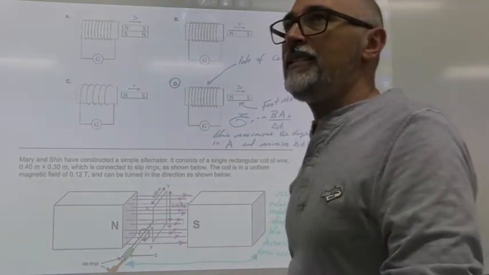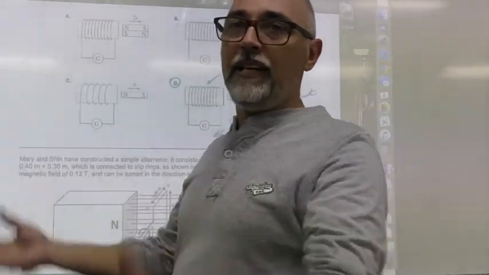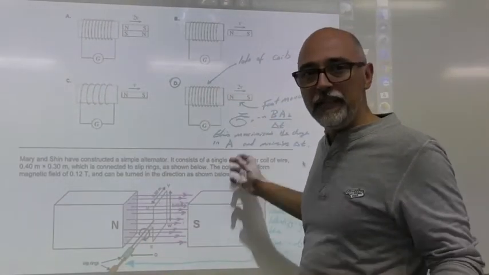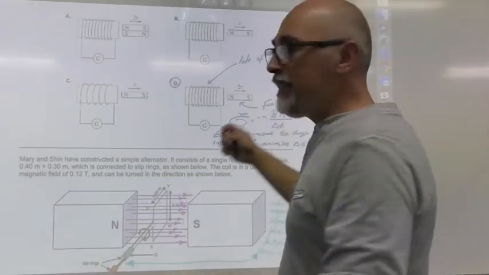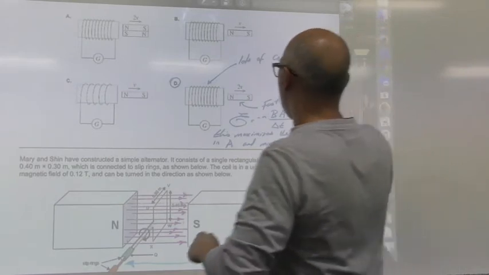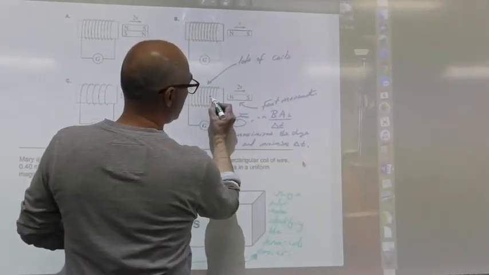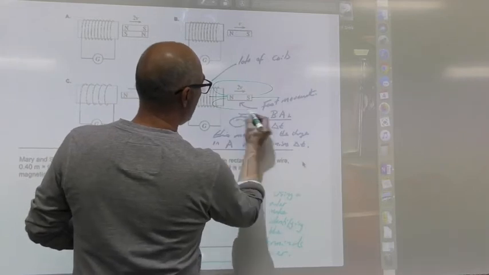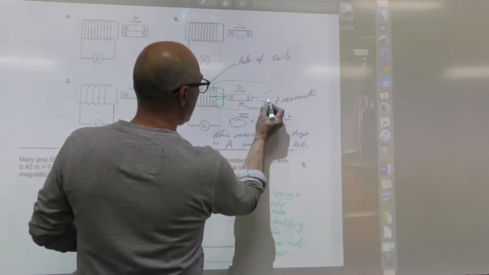This is another example of the field exiting a loop, of a coil emptying of a field. You can see through here, this is the magnetic field emanating from the magnet, north to south.